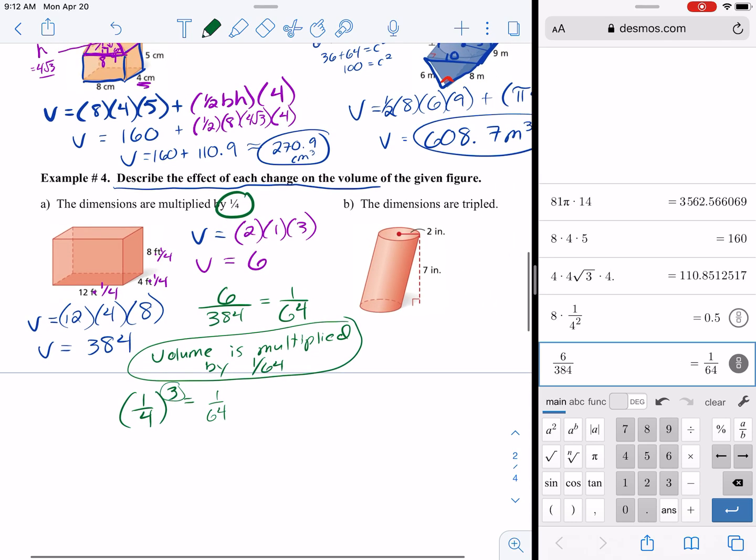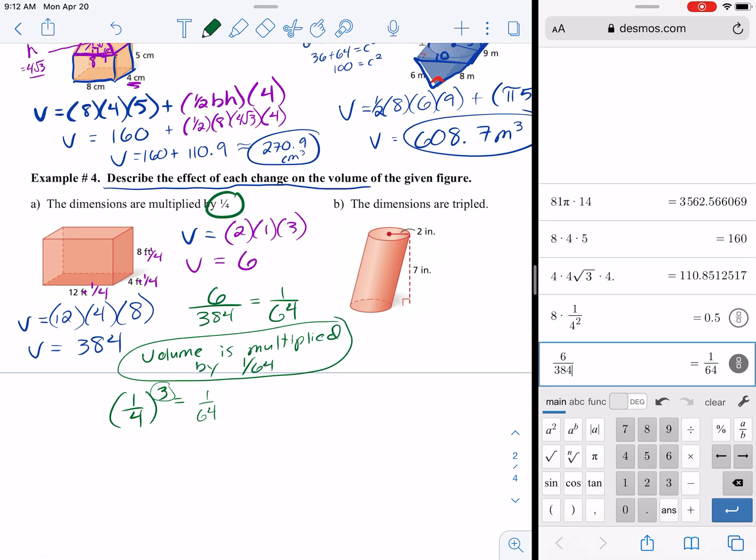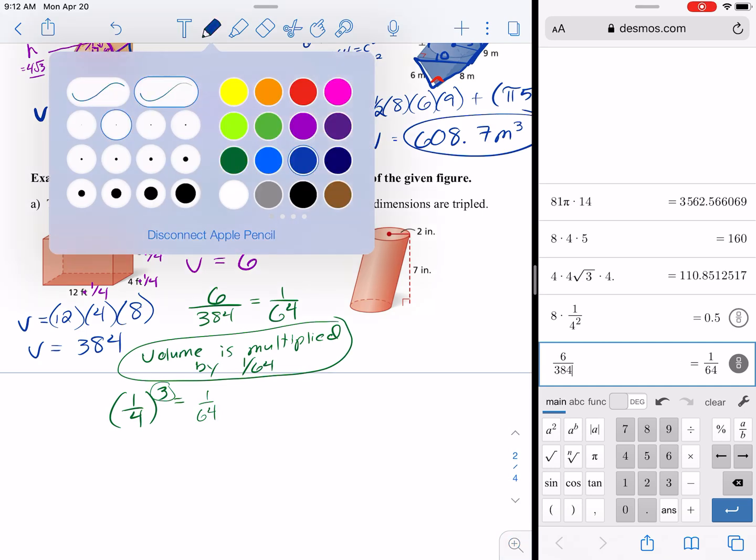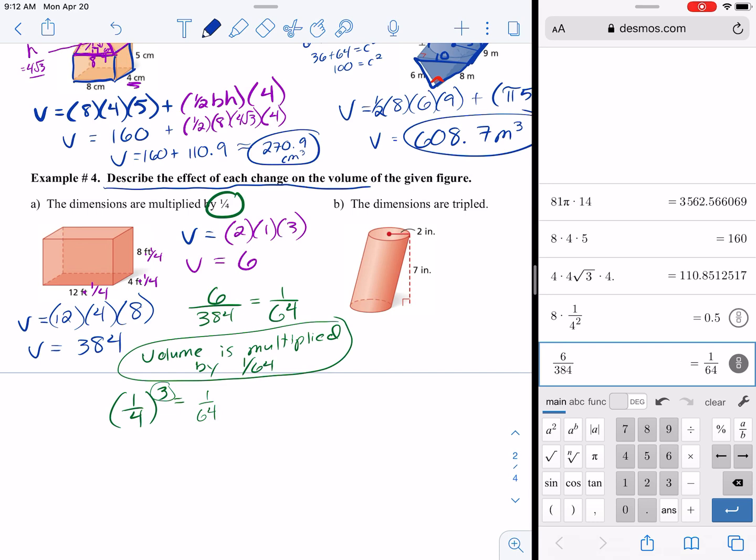Or if we were multiplying, in this case letter B, if we were tripling, it would be that number cubed. So why don't you guys try B, find the volume of the cylinder, then triple the dimensions, find the new volume, and compare the two. You can pause the video and work through this, and I'll put the solutions up when you're done.